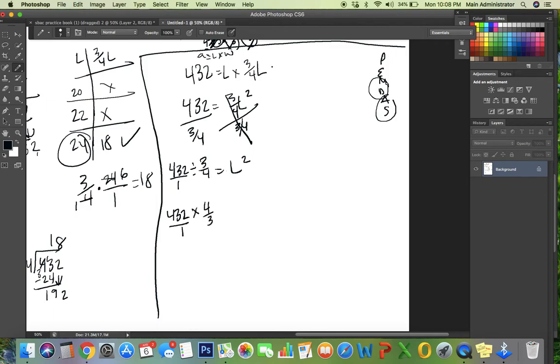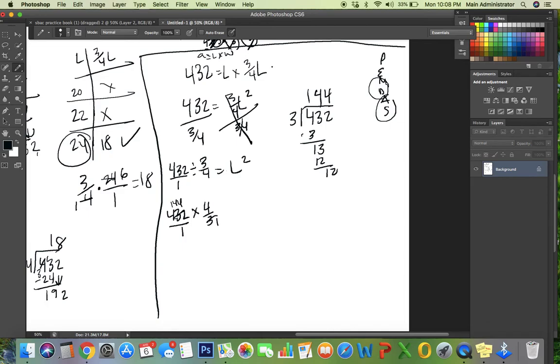Put this over 1. 3 actually does go evenly into 432. That's a 12 and 4. So I'm going to divide these both by 3, and that will give me 144.